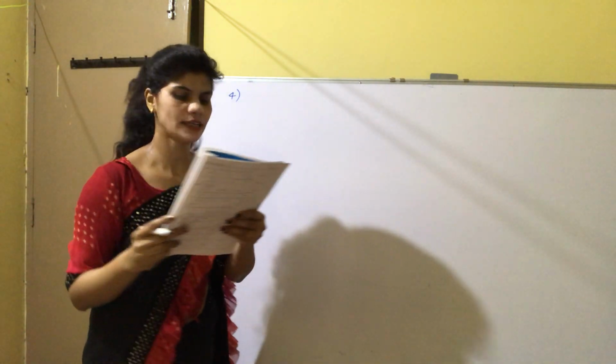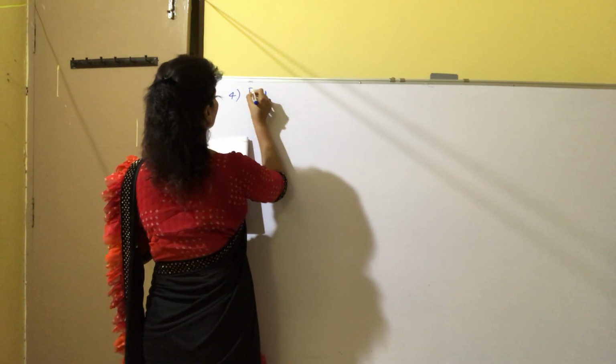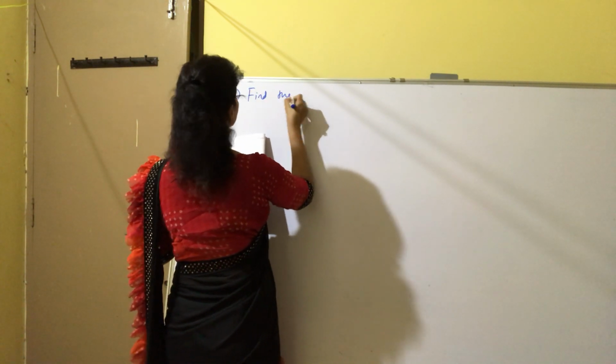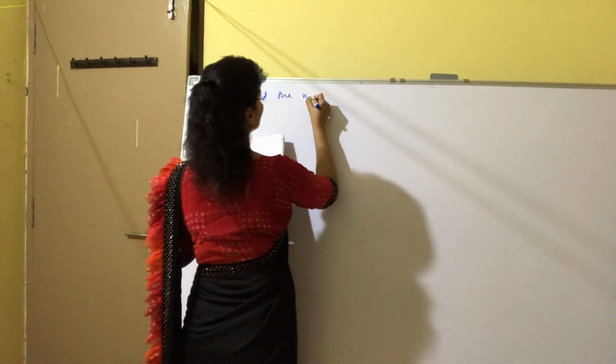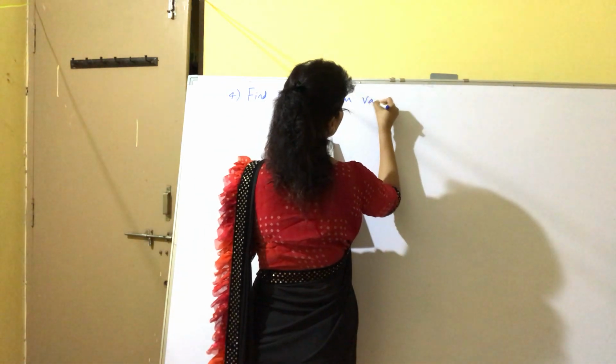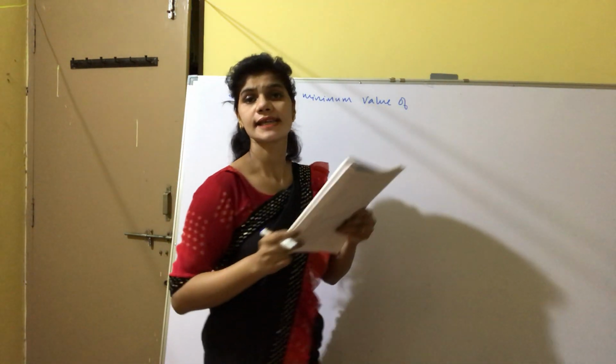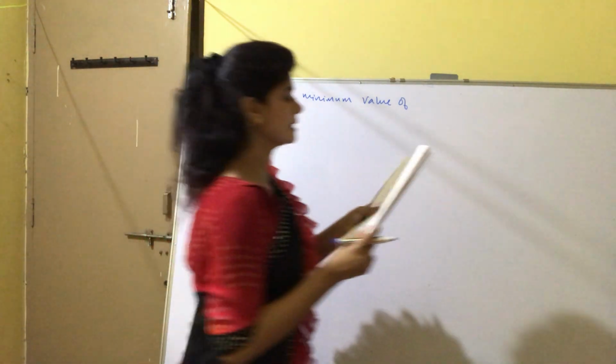Find the minimum value of sec square theta plus cosec square theta.